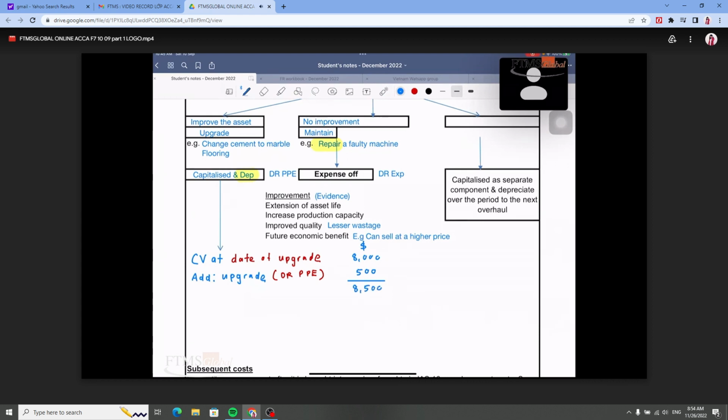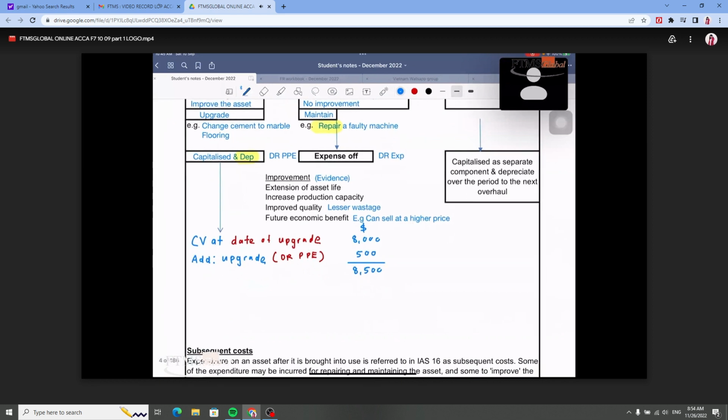Okay, right. Then thereafter, of course, I will need to calculate my depreciation. If let's say I'm using a straight line method, everybody knows straight line method uses cost minus scrap divided by useful life, correct?